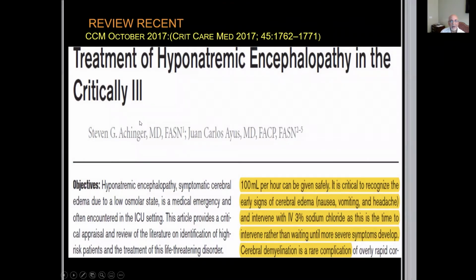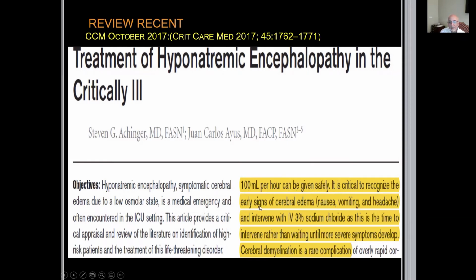The treatment of hyponatremic encephalopathy in the critically ill patient was reviewed in this excellent review in Critical Care Medicine, October 2017. I encourage everybody to read this article. It clearly recommends that this is a life-threatening disorder, and 100 cc's per hour can be given safely.